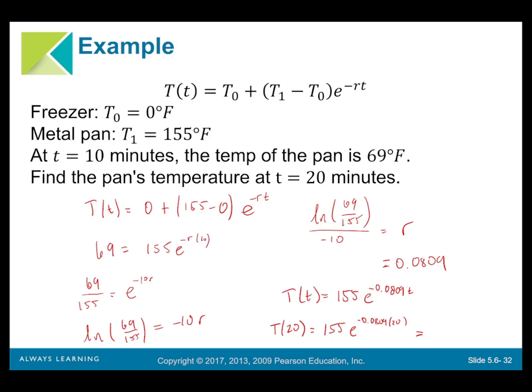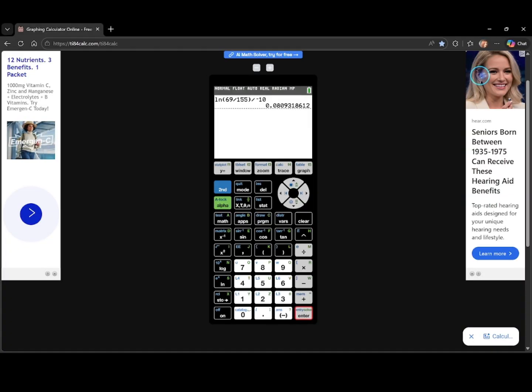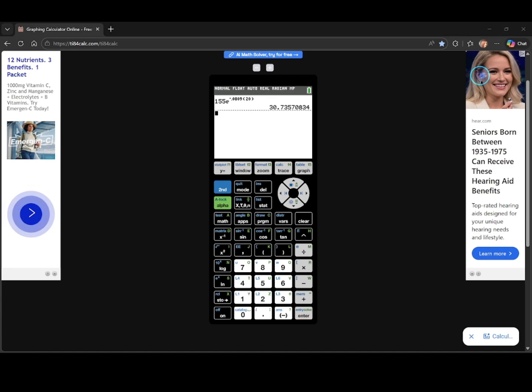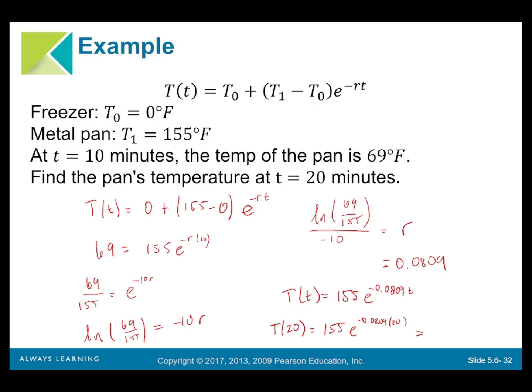Let's see what that value is. We do 155 e to the negative 0.0809 times 20. 30.74. So we have 30.74 degrees Fahrenheit. So after 20 minutes, the pan has dropped down to 30 degrees.